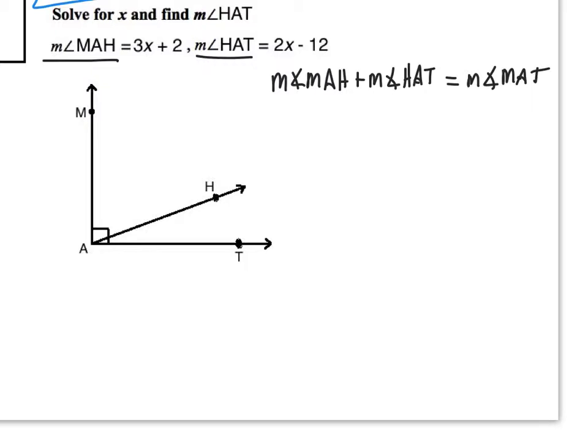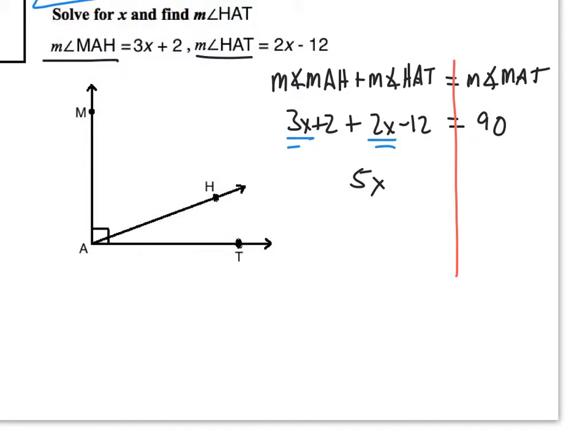Okay, so plugging in what I know, the measure of angle MAH is 3x plus 2, plus the measure of angle HAT is 2x minus 12, and that then equals our 90-degree angle. So we can go ahead and combine like terms, because again, here's the equal sign. So anything that's on the same side, all you have to do is combine it. So we get 5x. And then here we have 2 minus 12, which gives me a negative 10.